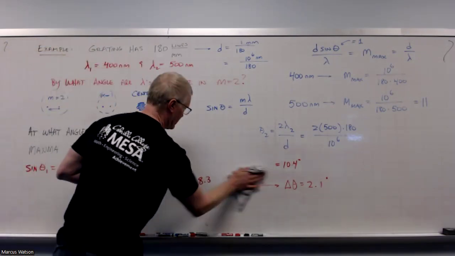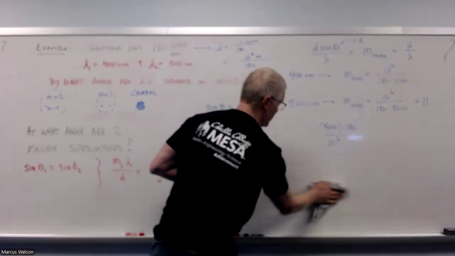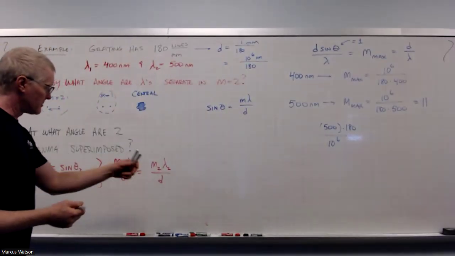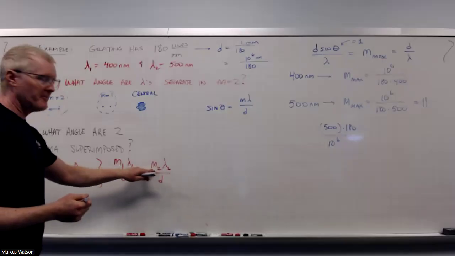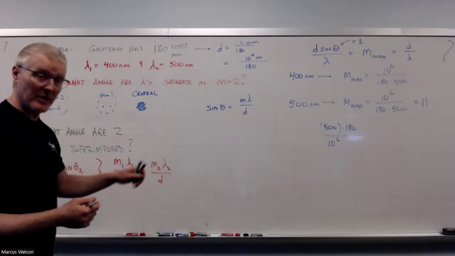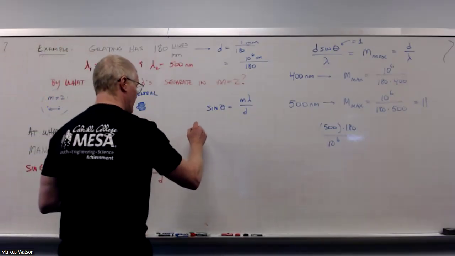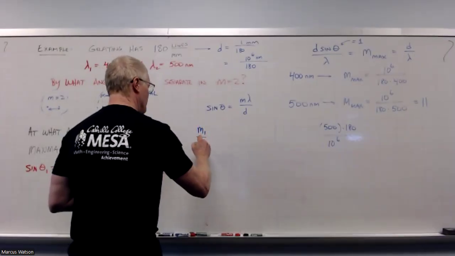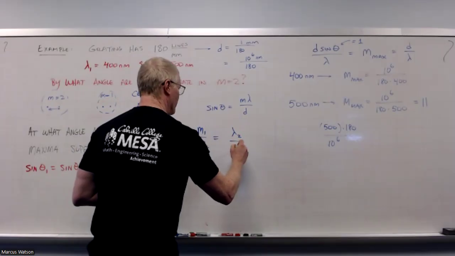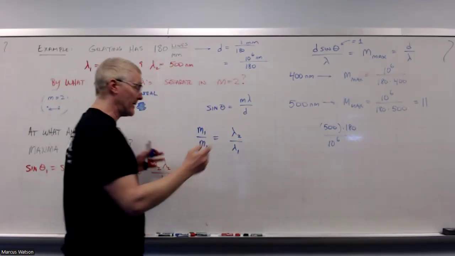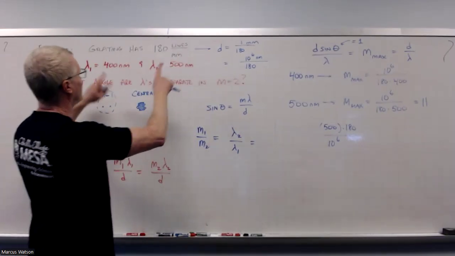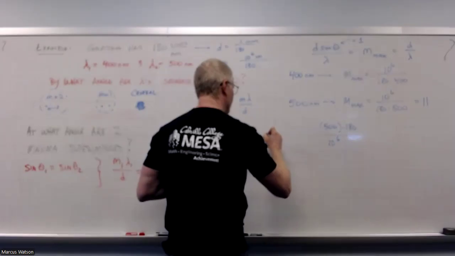Okay. So now the d's are going away with each other, and you can see that the m values are going to be proportional to the wavelength ratios, right? In other words, m1 divided by m2 is the same as lambda 2 divided by lambda 1. And since lambda 2 divided by lambda 1 is 500 over 400, that is 5/4.